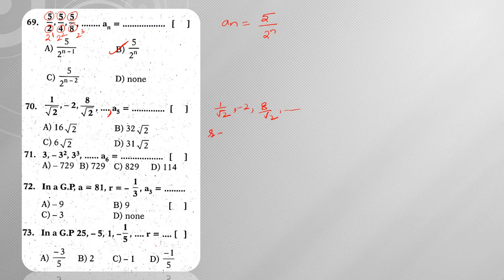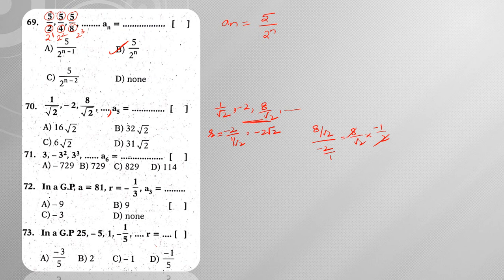So what is the ratio? Minus 2 by 1 by root 2. So this I can write as minus 2 root 2. Next, the same way for the second and third, if I check, I can write 8 by root 2 by minus 2, which I can write as 8 by root 2 into minus 1 by 2.